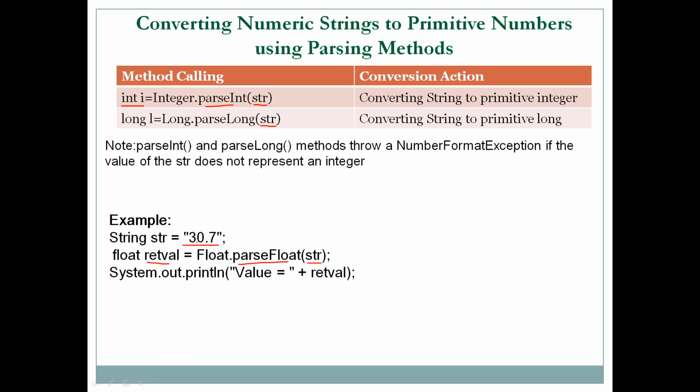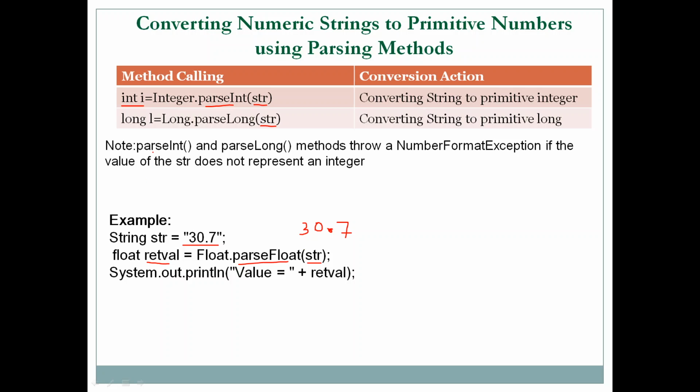Now what is the difference between the float 30.7 and string 30.7? The difference, you can say, is the quotes. When I convert this into float, that will become 30.7, not enclosed in double quotes. Similarly we can convert the other types also, like integer, long, byte. We can convert string to the respective types.